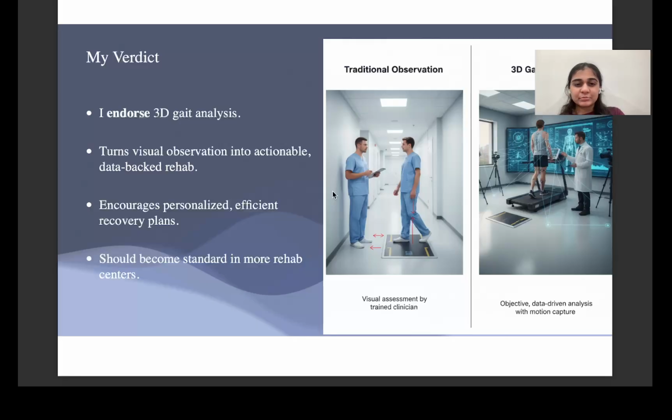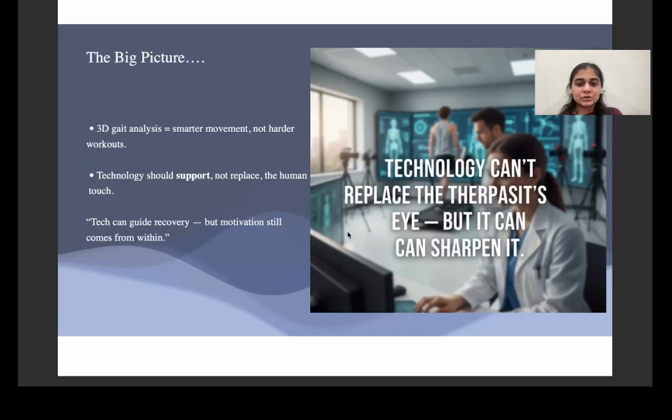So my take is that 3D gait analysis shows how technology and rehabilitation can come together. You can see here, it turns data into insight and insight into better recovery. The real value isn't just in the numbers, but in how therapists use them to help people move better in their lives.